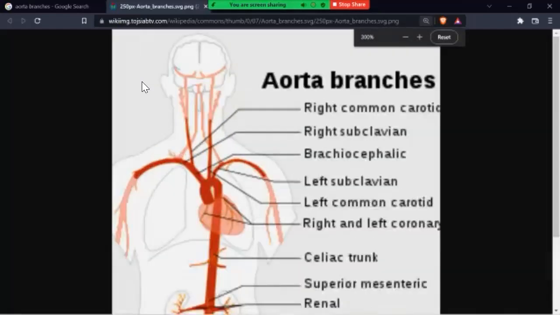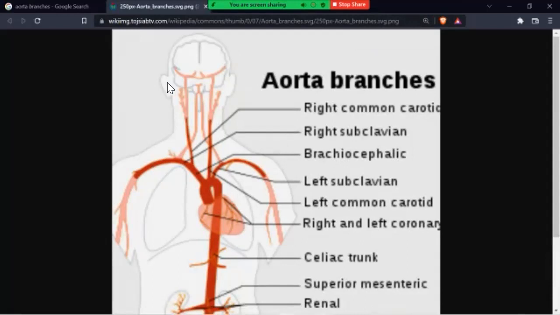If you touch your neck on both sides, you can feel the right common carotid and the left carotid. The one that goes to your arm is the right subclavian. The one that goes from the aorta up is the brachiocephalic.